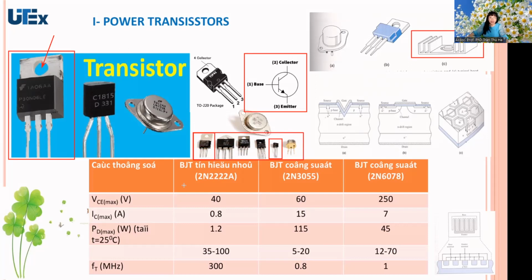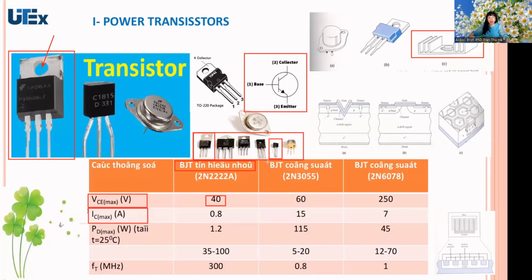You can see here VCE, the voltage, and the output current. This is for small signal, where you have only 40 watt.